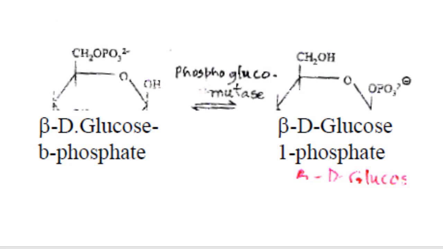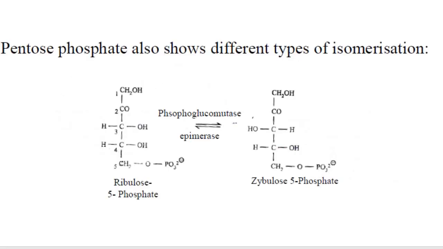Now look at here, beta-D-glucose 6-phosphate, with phosphoglucomutase present, you will get beta-D-glucose 1-phosphate. So you can see the pentose phosphates also show different types of isomerizations.